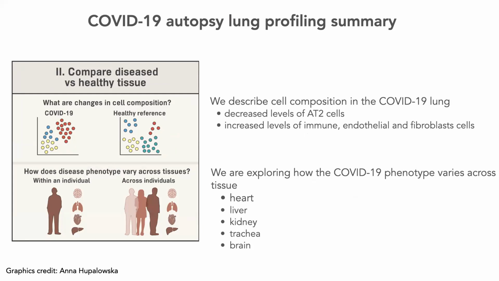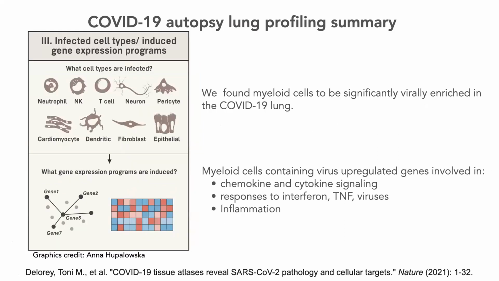Our goal going forward will be to further describe how the COVID-19 phenotype varies across tissues, not just the heart, liver, and kidney, but the other tissue types that we collected. And we can also start to figure out what cell types tend to be infected in specific tissues and what gene expression programs are turned on or repressed in these virally infected cells.